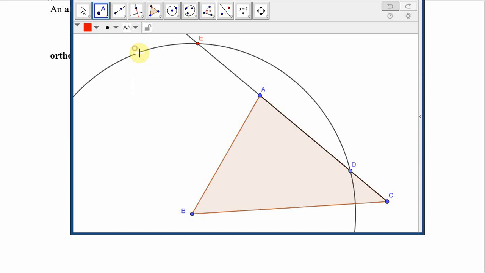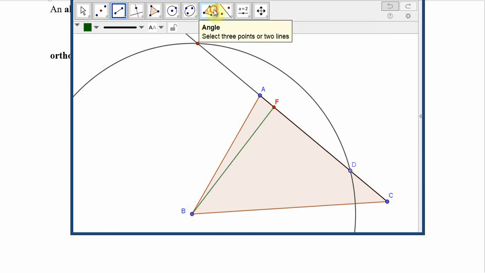That's point E. Okay, so now I have a segment DE. And if I find the midpoint of that, and I'm assuming you already know how to find the midpoint, but if you find the midpoint of ED, that's right there, that's point F. And point F, from F to B, is guaranteed to be perpendicular to line segment AC.